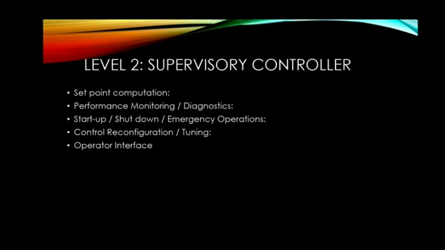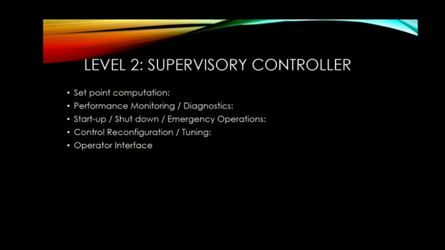This function has a lot of impact on production volume, energy and quality and efficiency. Performance monitoring or diagnostics. Process variables are monitored to check for possible system component failure, control loop detuning, actuator saturation, process parameter change, etc. The results are displayed and possibly archived for subsequent analysis.